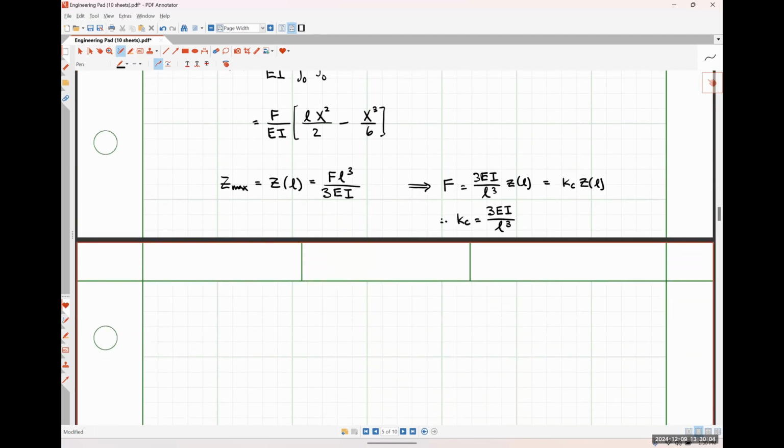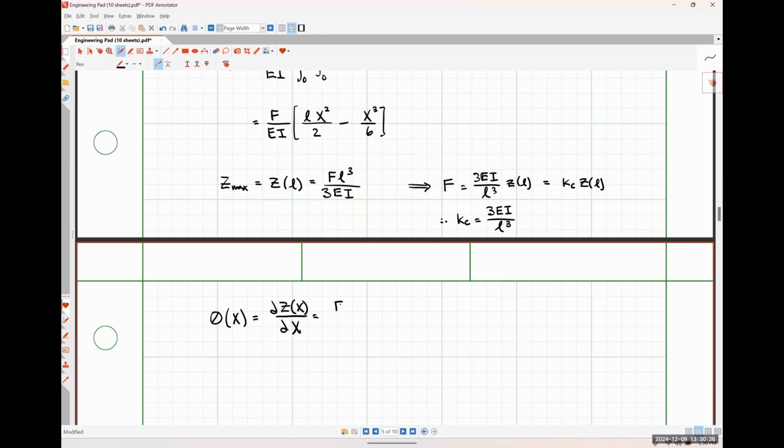Our angle of the beam with respect to rest position, theta. So theta as a function of position is the partial derivative of z with respect to position.